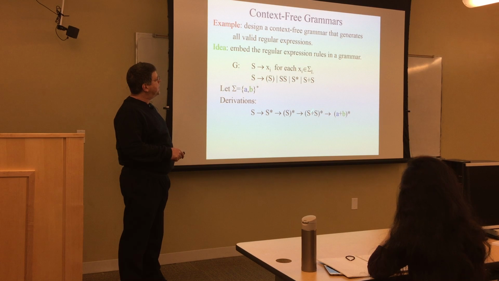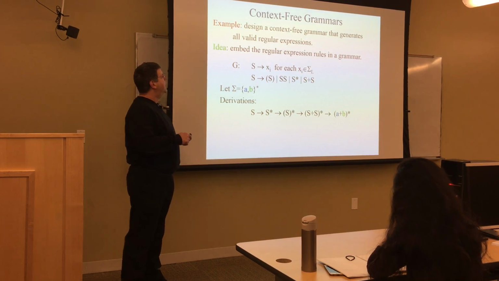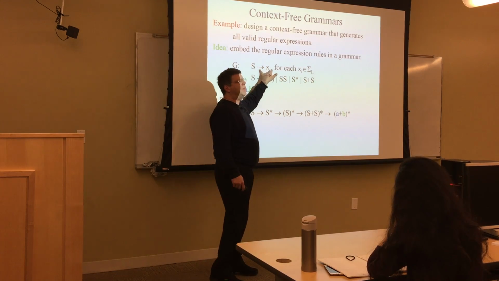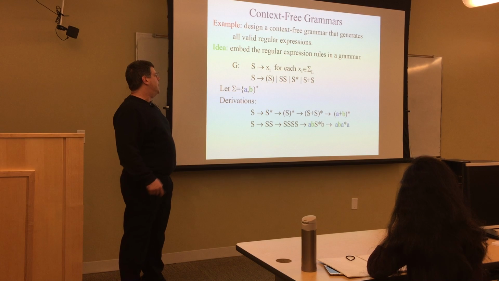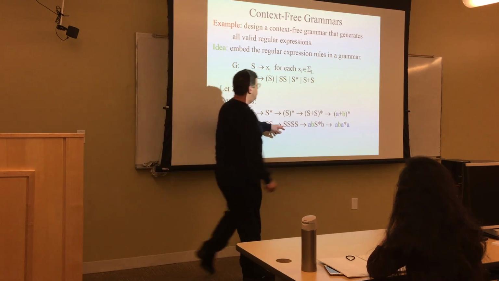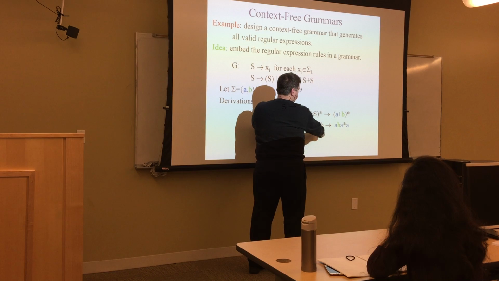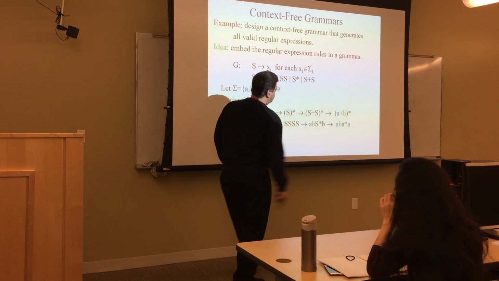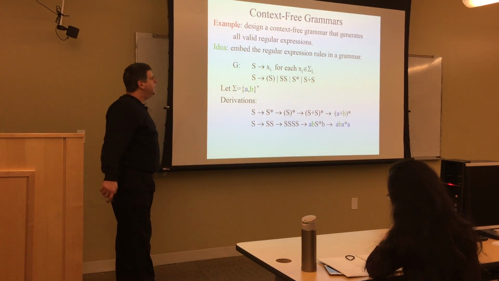And finally, the first S goes to an a, and the second S here goes to a b, and that is the application of this first rule and the first production. And similarly, a different production could be S going to SS, and then 4 S's, and then one of them will go to an a, one of them will go to a b, right? The third will go to an S star, the 4th will go to a b, and finally this S will go to a, and end of story.